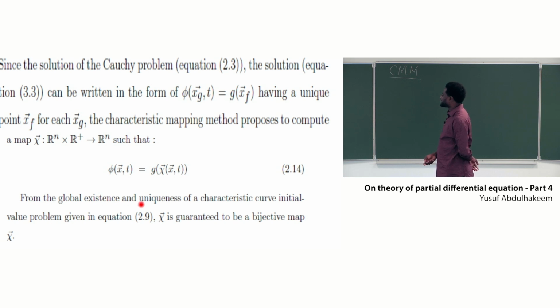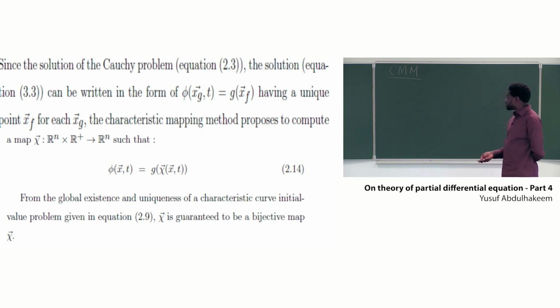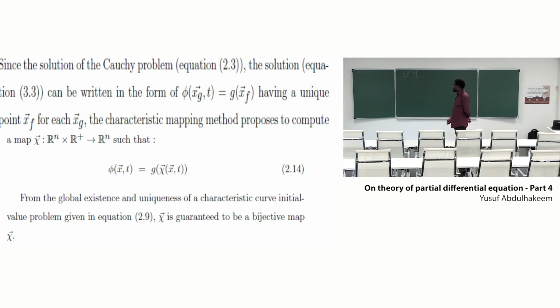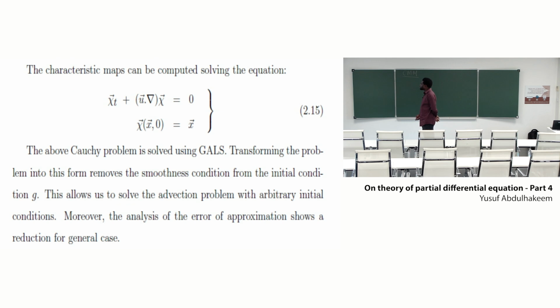From the global existence and uniqueness of the characteristic curve initial value problem given in equation 2.9, our map is guaranteed to be a bijective map. That is, it is going to be both injective and surjective. This is what we call the flow map.